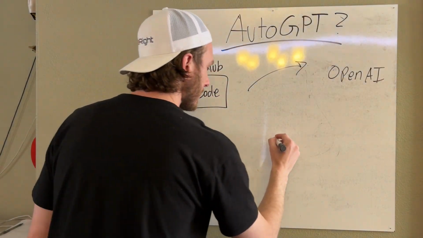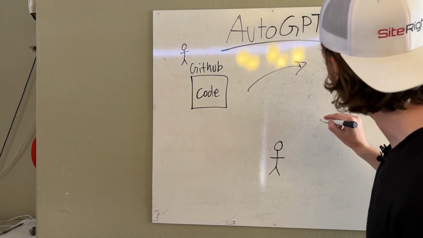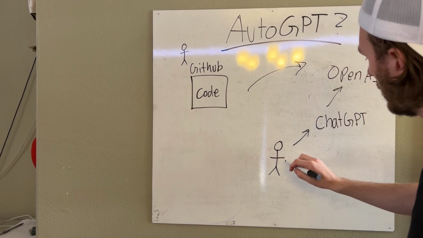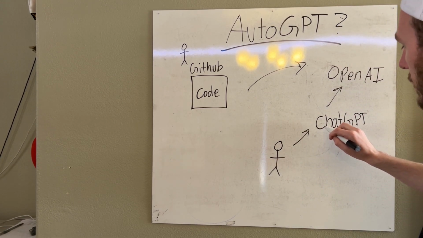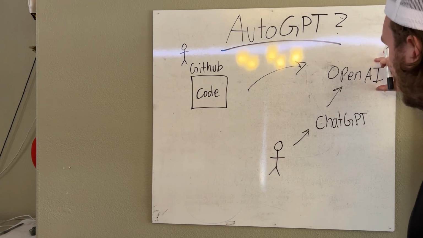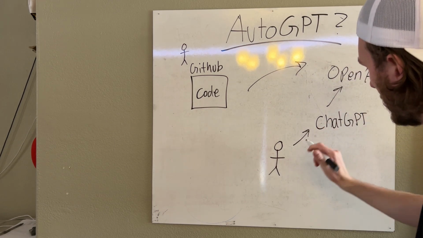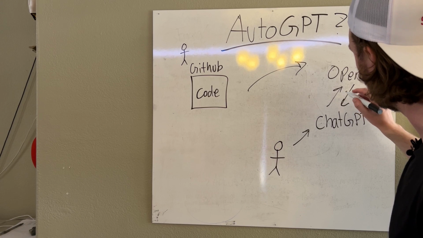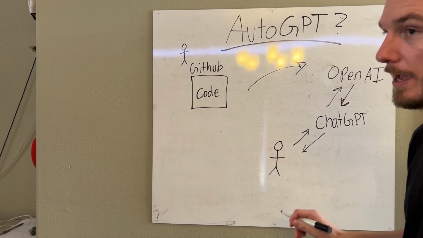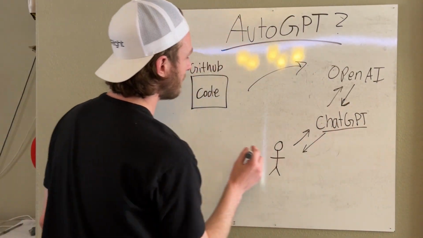Typically, as users, you and me and everybody else, we've been interacting with OpenAI through ChatGPT, and this is the quote-unquote user interface where we give ChatGPT a prompt, and it gets the response from OpenAI and then sends that back to the user interface, which is ChatGPT. That's what you and I and everybody else see when interacting with OpenAI right now.